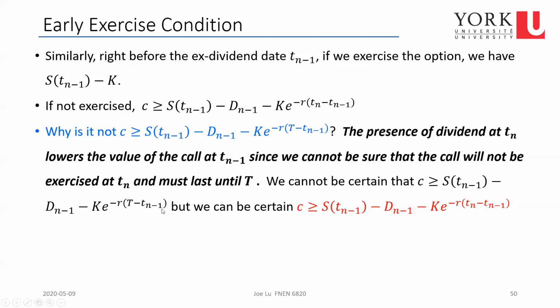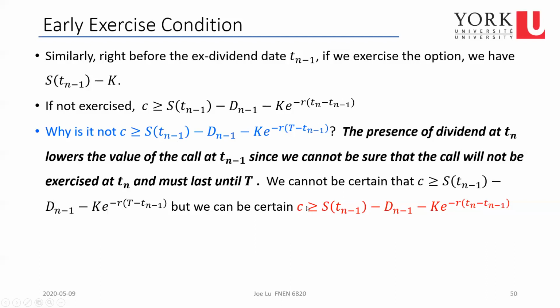All we can be certain is that the call value must necessarily be greater than this smaller value here. This red part is smaller than this part. So we are sure the call value is greater than this smaller value, but we cannot be sure it is greater than this bigger value.